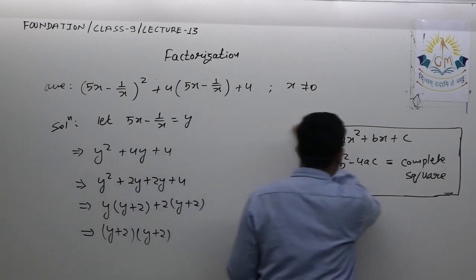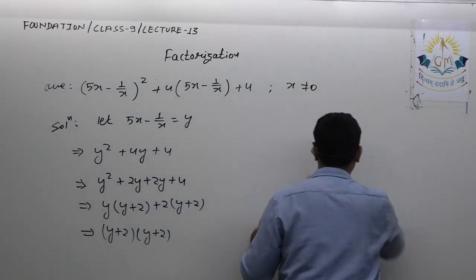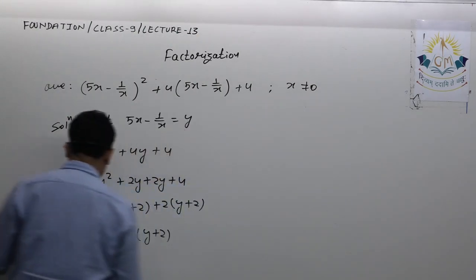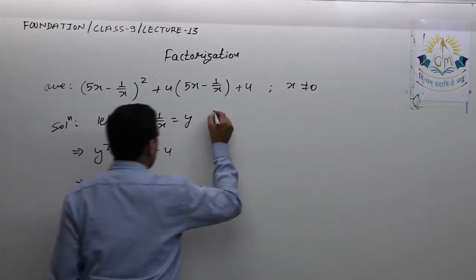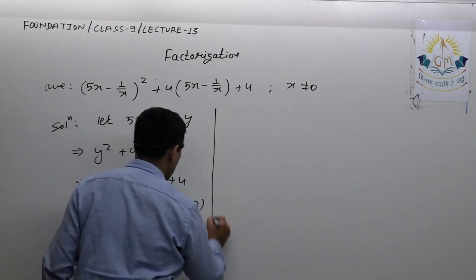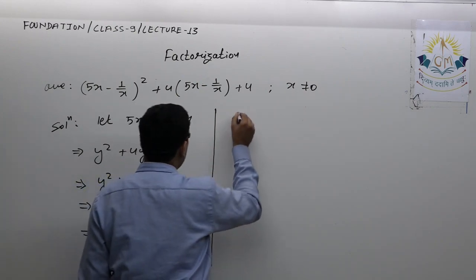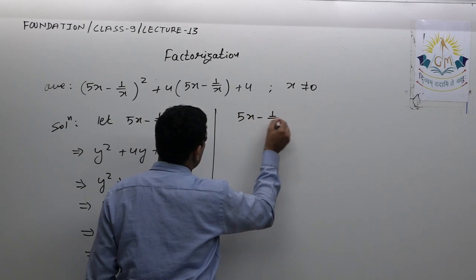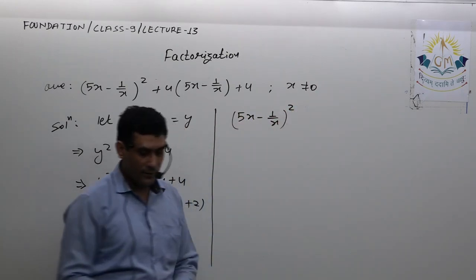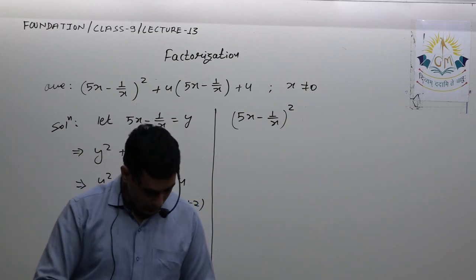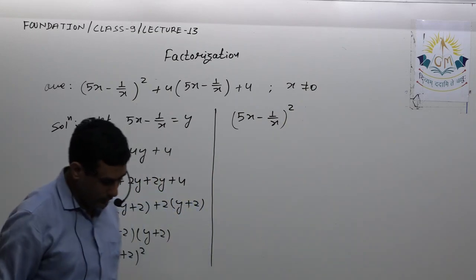Now y is (5x minus 1 upon x). Here it is (y plus 2) whole square. So further I'll replace the value of y, that is ((5x minus 1 upon x) plus 2) whole square. So factors are (5x plus 1 upon x) into (5x plus 1 upon x).